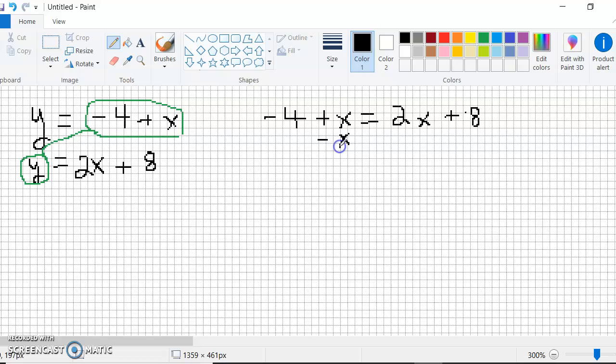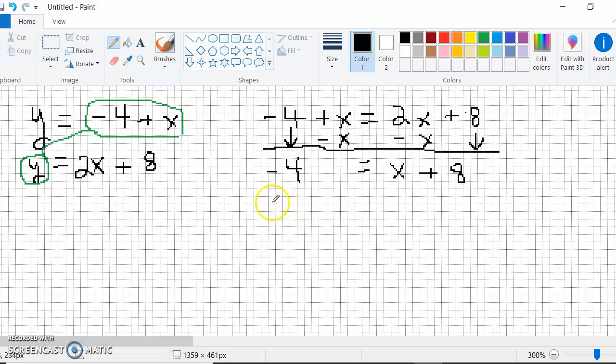Okay, -x here, -x over here. Put my line over here. I know that everything comes down because I've been doing this forever, right? So now I have -4 is equal to x plus 8.